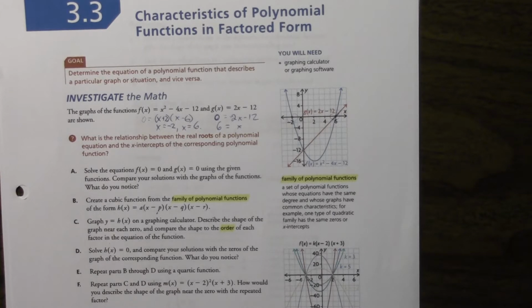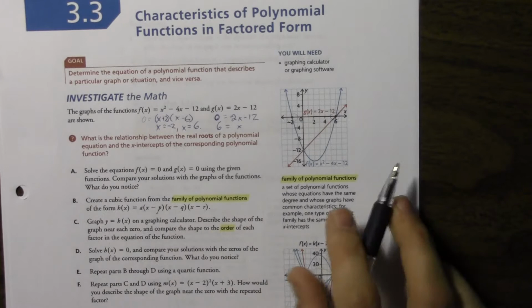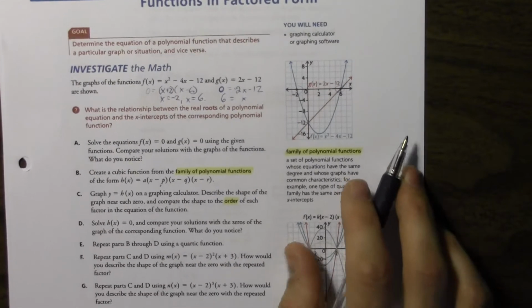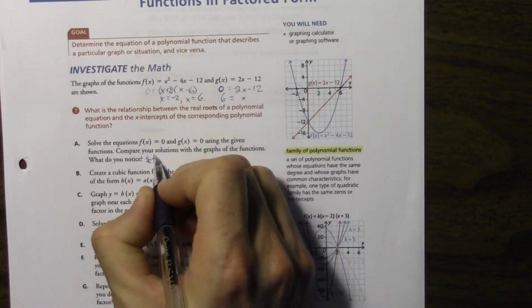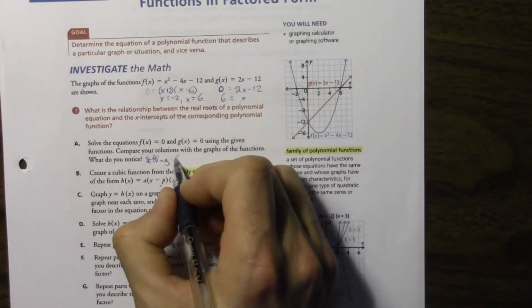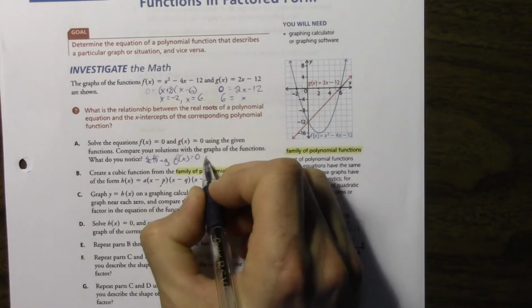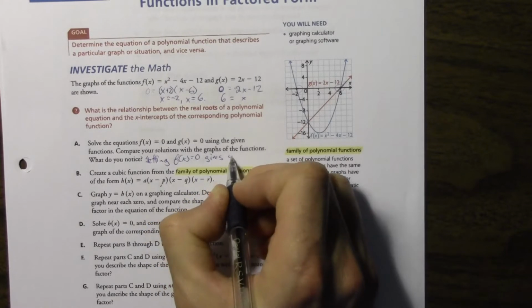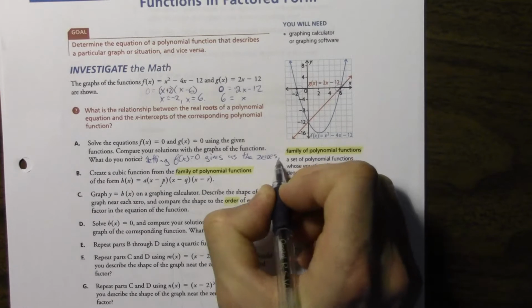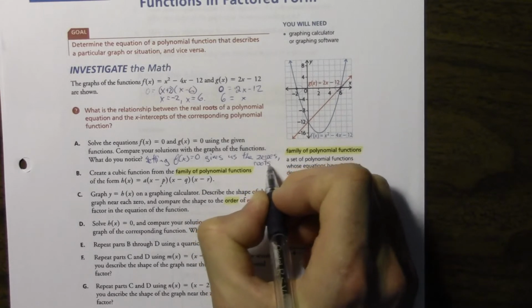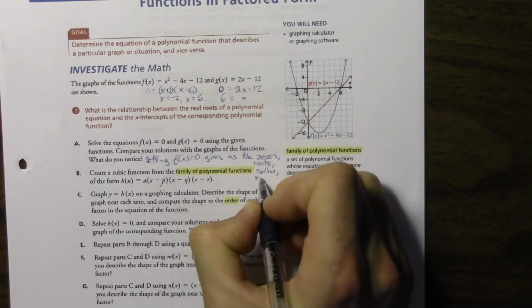It says compare the solutions with the graphs of the functions. What do we notice? Well, we notice that setting f of x equals 0 gives us the zeros, roots, solutions, x-intercepts.